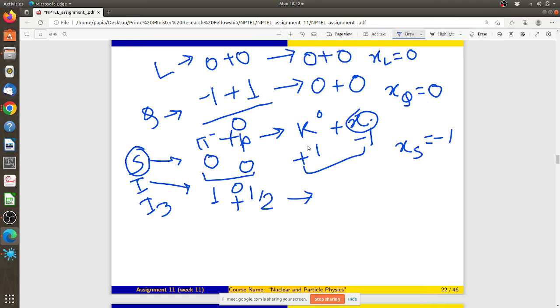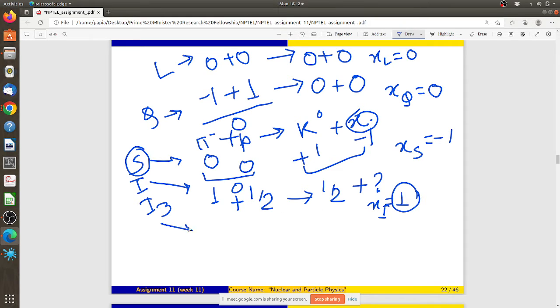And for K0, it is in the family of K0 and K minus, so that means half, and plus here X is there. So 1 plus half, so X of I equals 1.